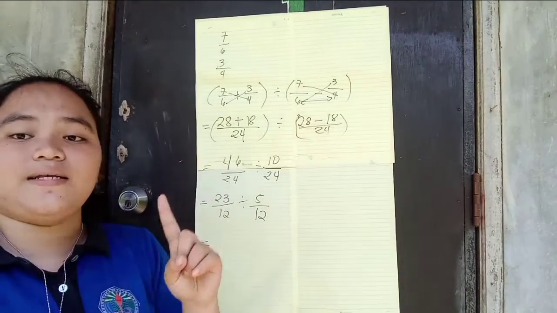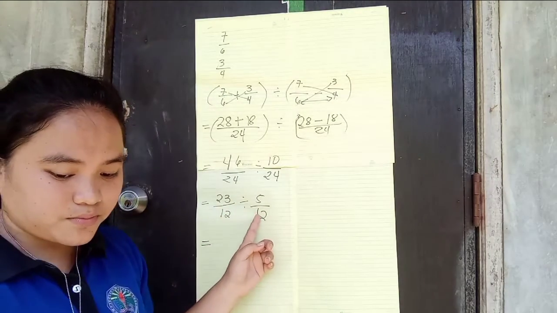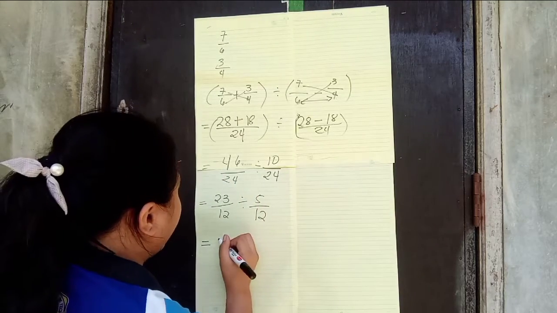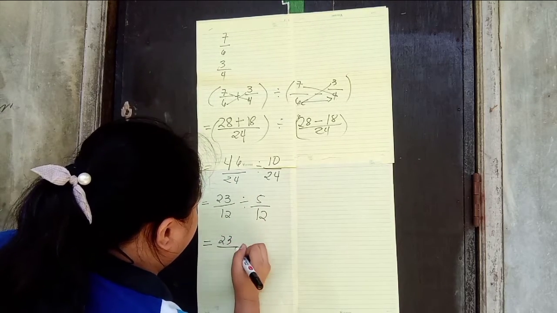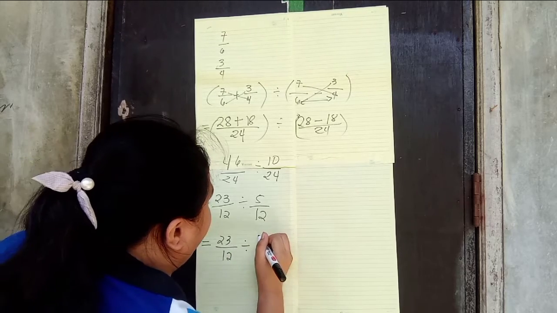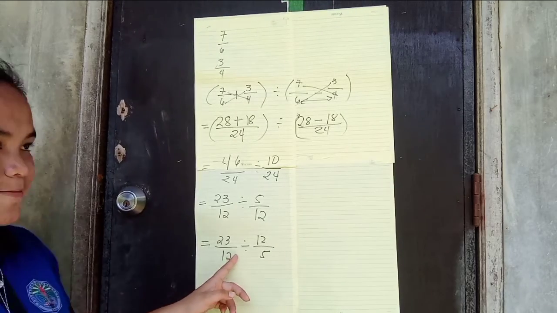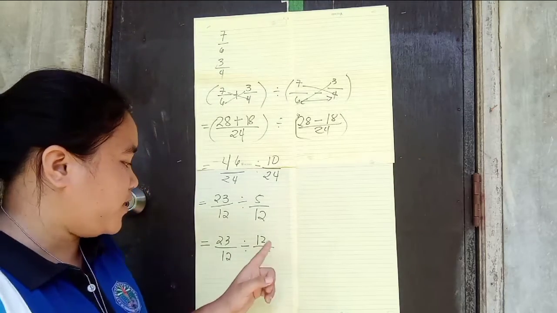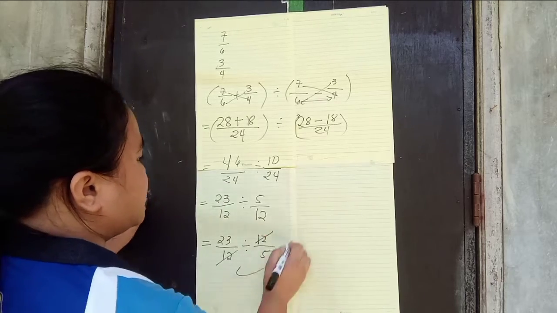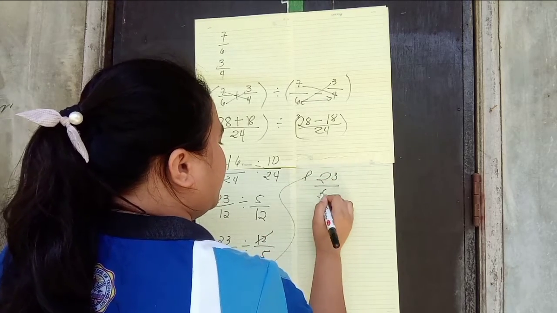Now, like what I said before, least common denominator. So, ang magiging construction na po nito is magiging turn into 23 over 12, divided by 5 over 12. So, cross the common denominator. Ito po. So, ang magiging sagot dito is 23 over 5.